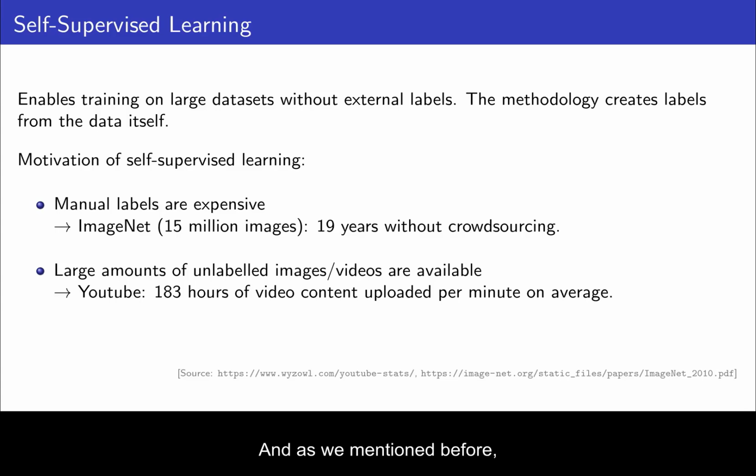And as we mentioned before, we cannot label such large amounts of data, but we would like to make use of the available amount of large data online that is provided to the internet every day. So self-supervised learning is a suitable alternative to supervised learning. As you remember, supervised learning always requires external labels, which is infeasible for the amount of hours in YouTube videos that are uploaded every minute on the internet.